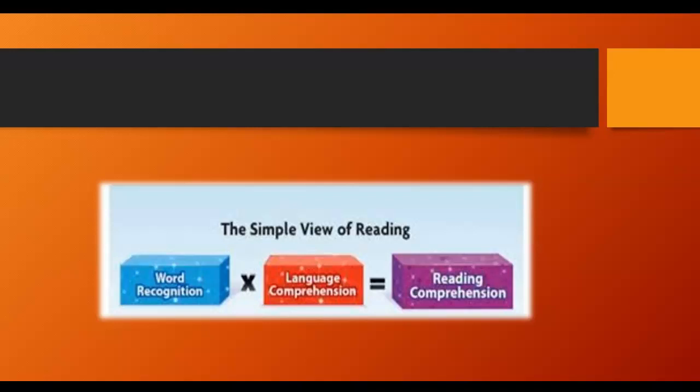That's basically they have to recognize the words that they are reading, and they have to understand language comprehension as well. So they have to know the meaning of the word. They can not only know how to pronounce a word, they also have to know the meaning of a word. And that's a part of them mastering reading comprehension.